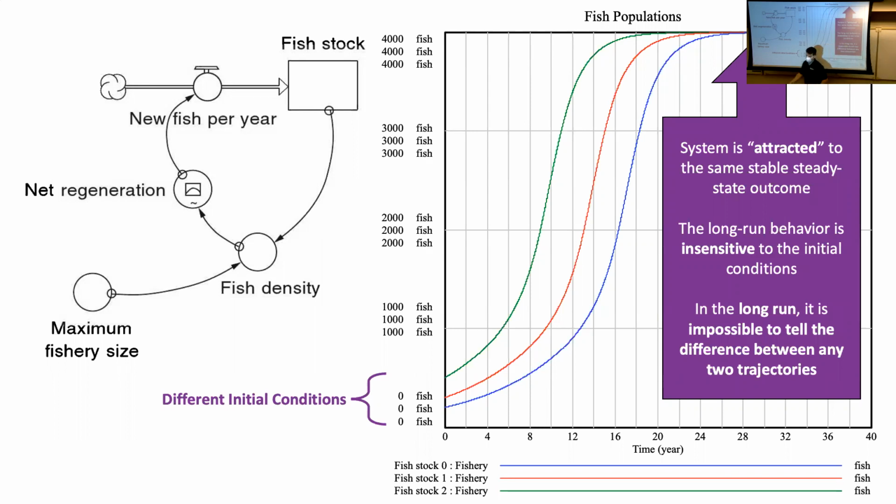Well, in this one, extinction is another one. But the point is that once things get sufficiently close to this point here, you can't tell what initial condition they came from. Eventually they all get buried up here in the steady state outcome. I can't really tell if it reached carrying capacity from an initial condition of 10 versus 100. So regardless of your initial condition, the outcome at steady state is the same.